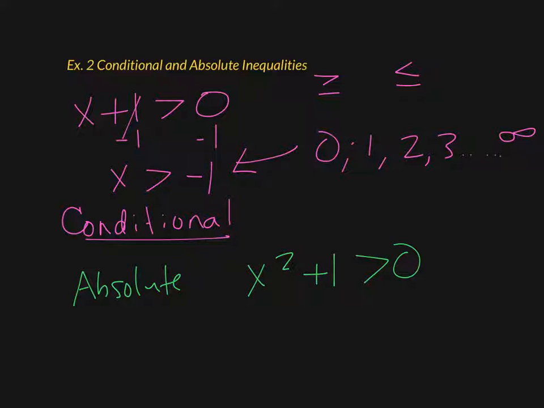Because here, no matter what value we plug in for x, we're going to square it, even if it's negative. Negative 2 squared, well, negative 2 times negative 2 is positive 4. 4 plus 1 is going to be greater than 0. So anything we plug in for x, we're going to get a value that's greater than 0. So this is a case of an absolute inequality.